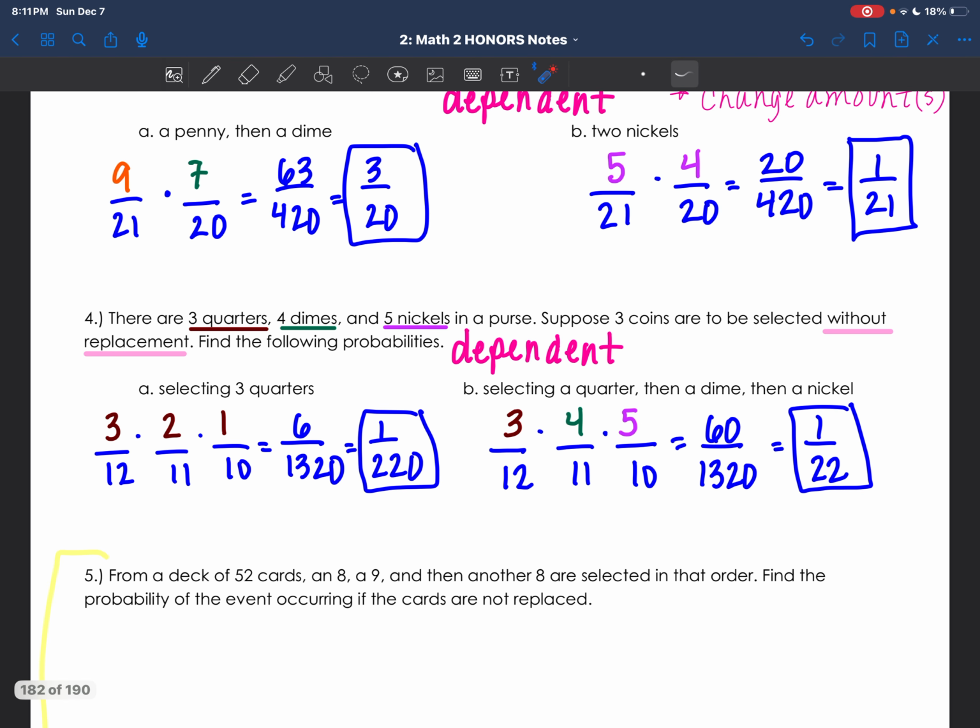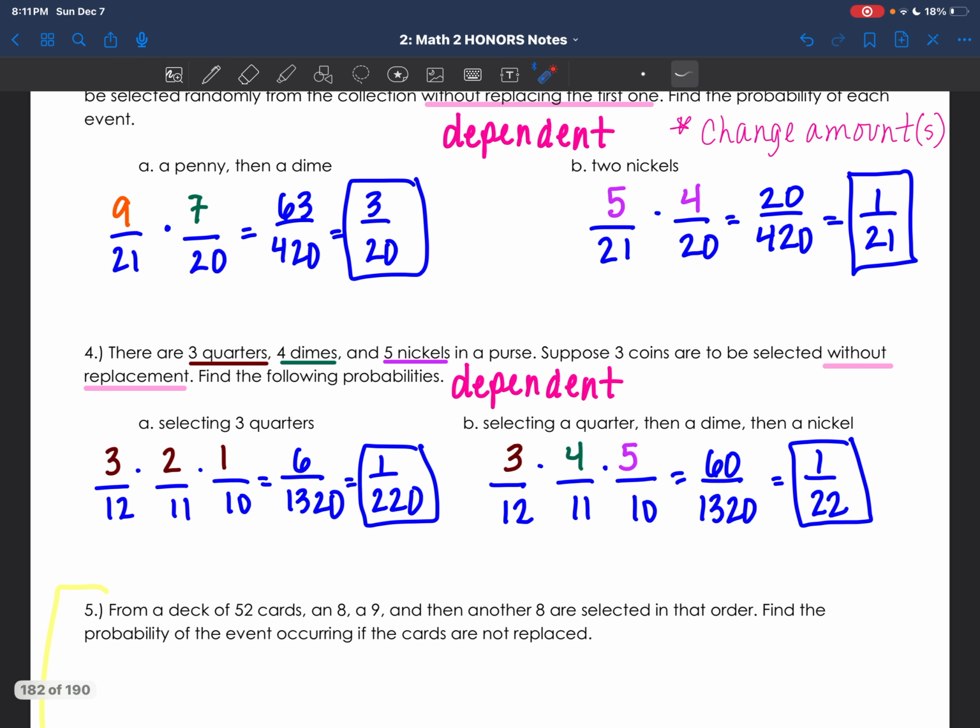All right, so now we've got 3 quarters, 4 dimes, 5 nickels, and 3 coins are to be selected without replacement. So this is going to be a dependent event, which means that you're going to change your amounts if it's dependent. So if we're selecting 3 quarters, I've got 3 quarters and we're doing 3 coins.